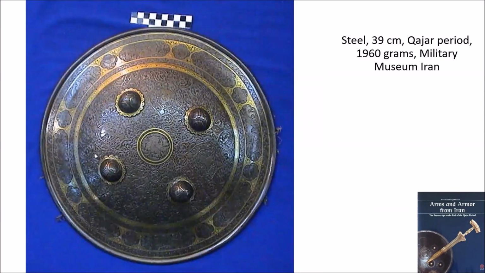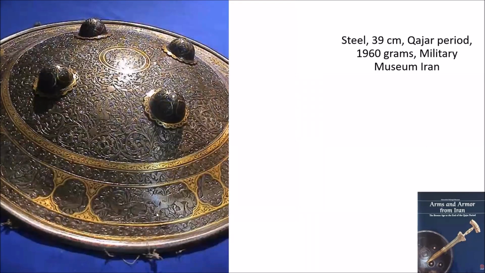Then there is another shield from the Qajar period, and this shield has a diameter of 39 centimeters and is 1,960 grams from Military Museum of Tehran in Sadabad complex. The whole surface is chiseled floral design, and also with Qajar princess, and then hunting scenes as well, showing a tiger or Asian lions, deers.